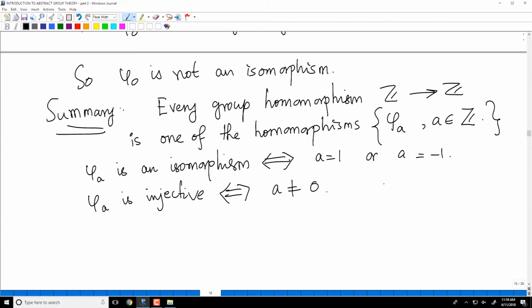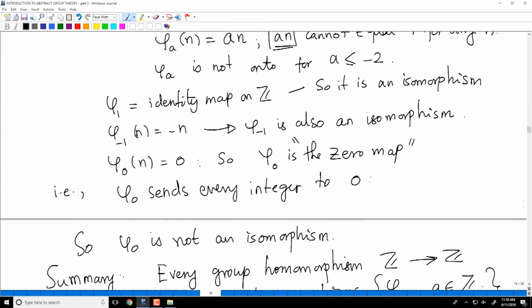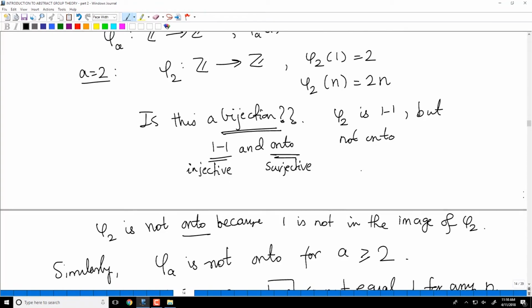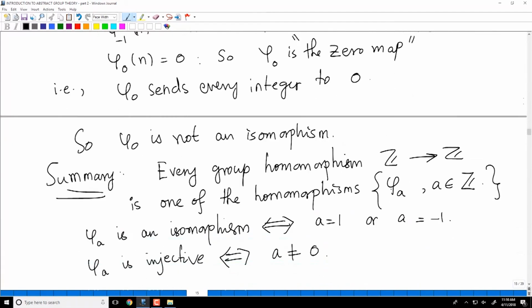It is 1-1. Because what does phi 2 do? Phi 2 sends n to 2n. If 2n is 0, we have already discussed in an earlier video that a group homomorphism is injective if and only if the kernel is 0, the trivial subgroup. If 2n is 0, then n must be 0. So kernel is 0.